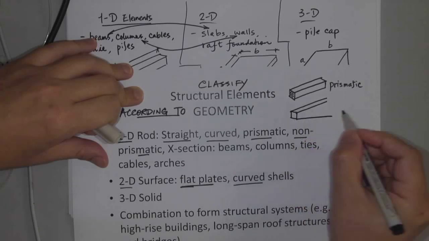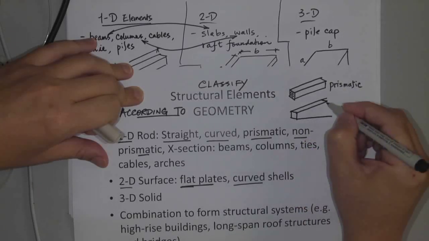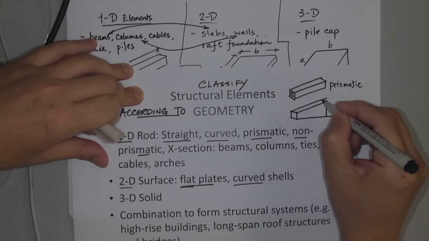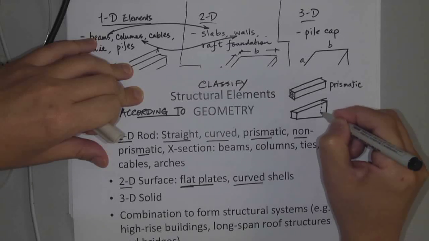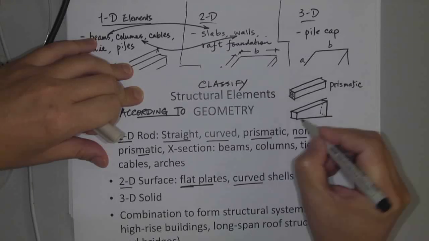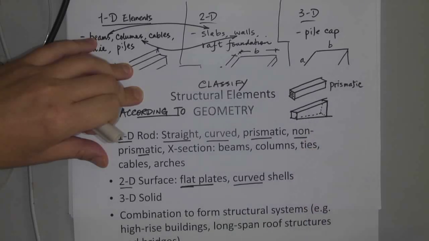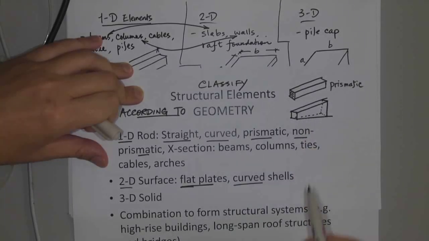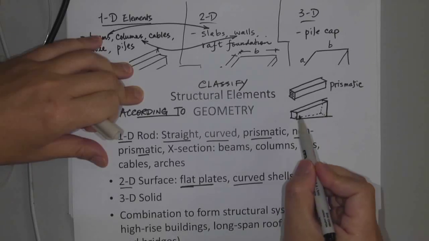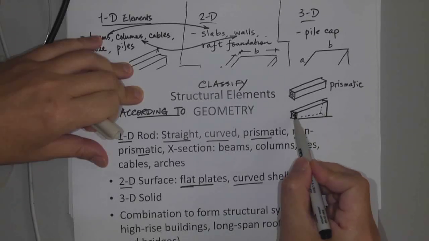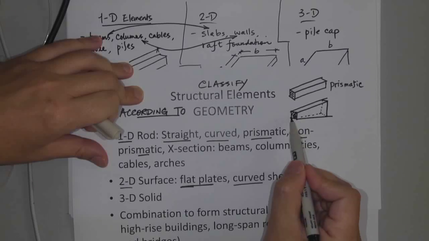So I can draw something like this. You can see on this side, the cross-section is just a small rectangle.